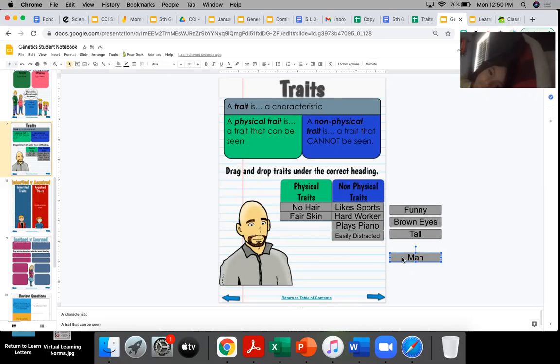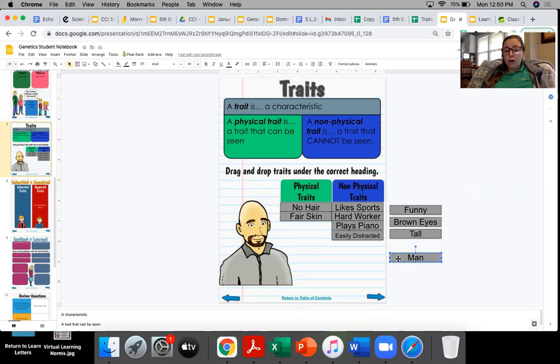Yep. Well, there are some physical characteristics that men have that women don't have, like being able to grow a mustache, and usually men have broader shoulders and they're taller and more muscular, just because of the way their bodies are built and they can build muscle much easier than women.